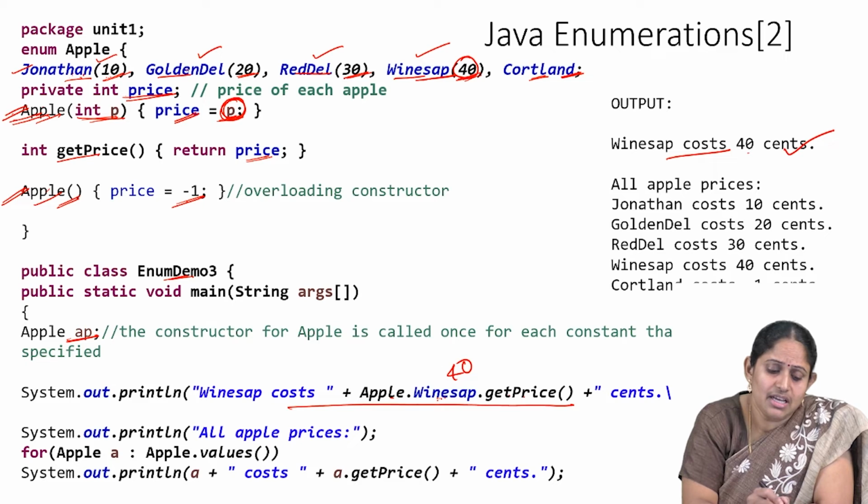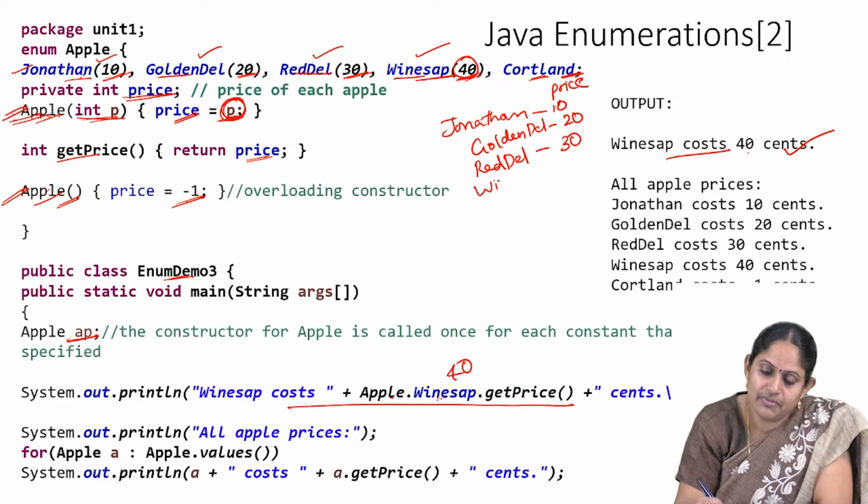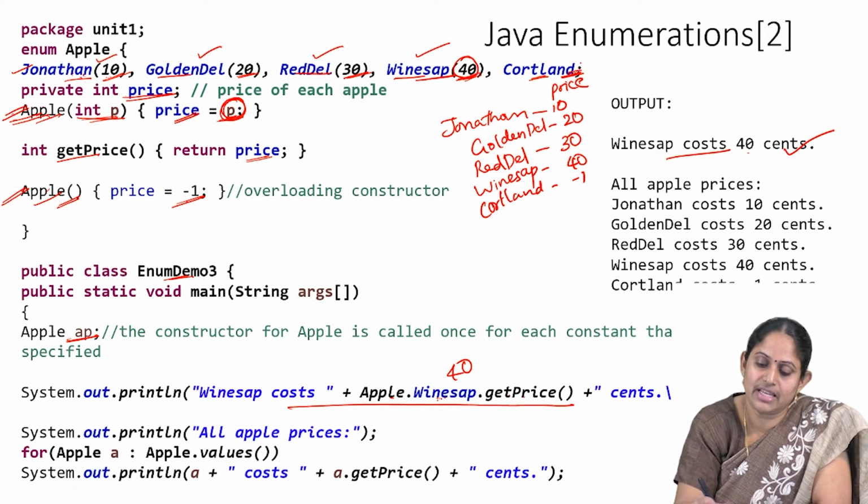What happens? Jonathan will have 10. The price variable of Jonathan will be set to 10. Goldendale will be set to 20. Reddell will be set to 30. Winsap will be set to 40. And Cortland will be set to -1, since it is not having any value.